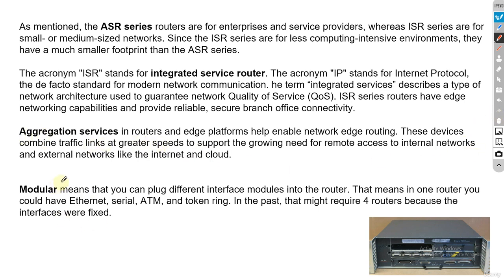Then we have modular, and I have already talked about what modular routers look like or the switches. They have this kind of capabilities. You can just pull this or unscrew this panel and just slide in VIC cards or NIC cards or whatever you want to call it.